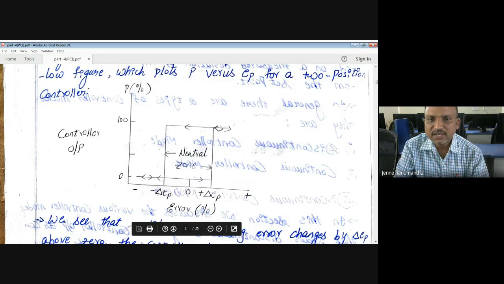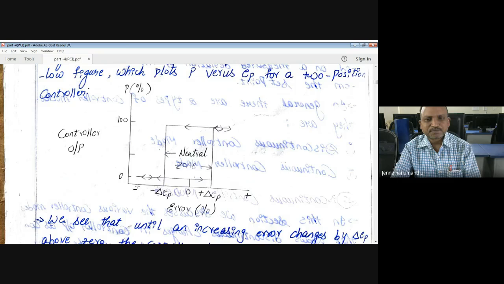This is positive error and this is negative error. And the control output goes from 0 to 100%. If error is less than 0, the controller output is 0.